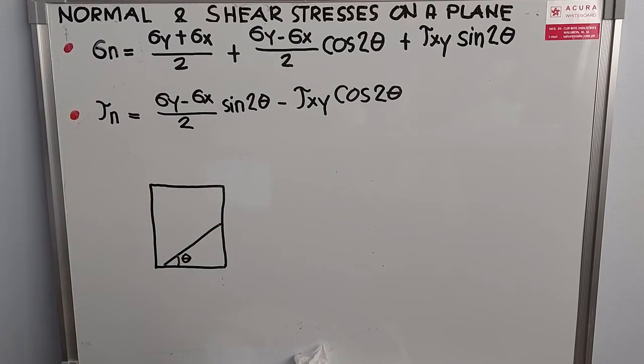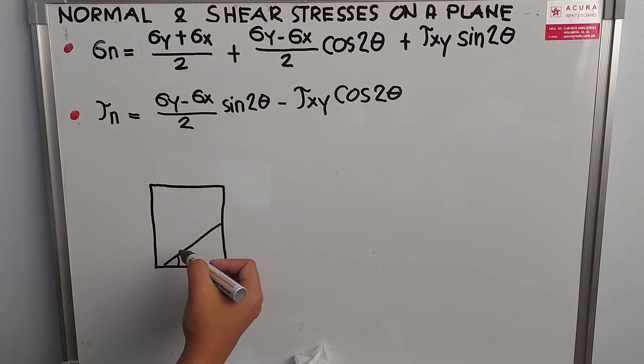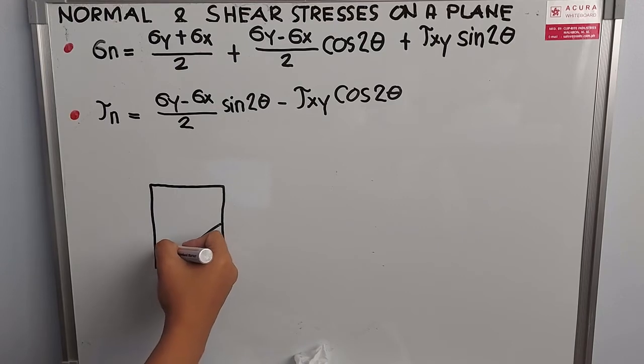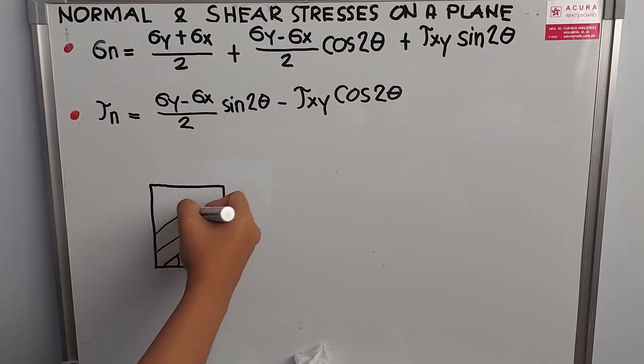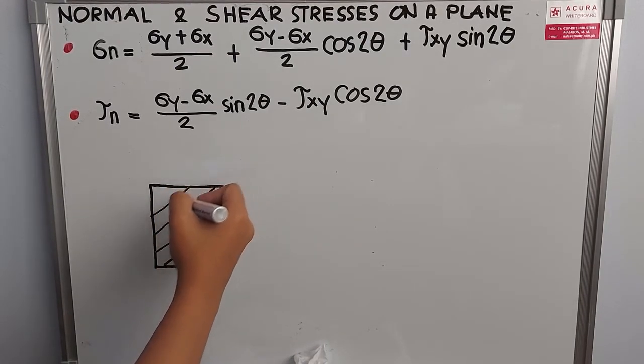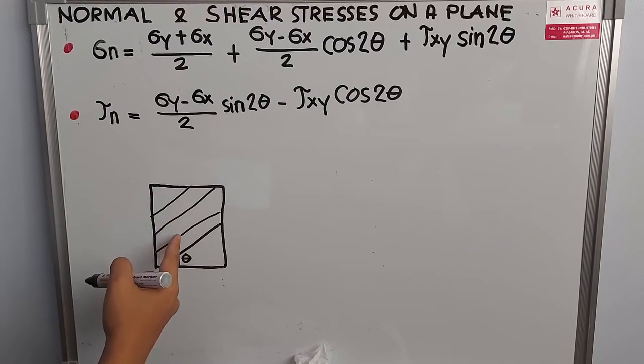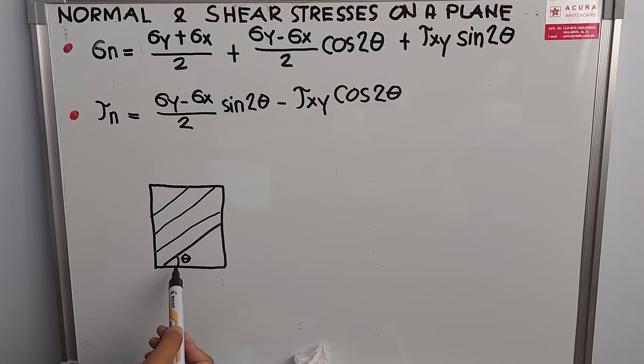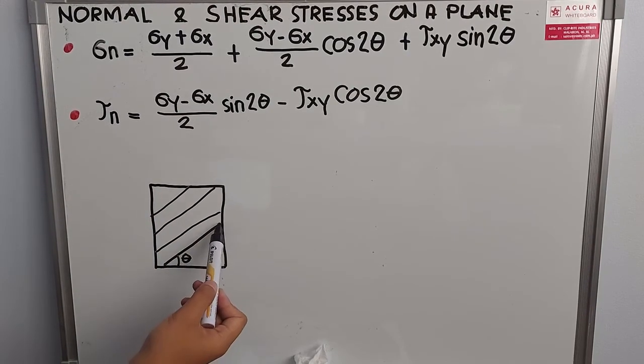So we have here a soil element, and every orientation of the plane will get different stresses. So there are thousands, if not hundreds, of planes, and every plane has its own shear stress and normal stress. So if the plane is parallel, this plane will get the same value of shear stress and normal stress as this one.